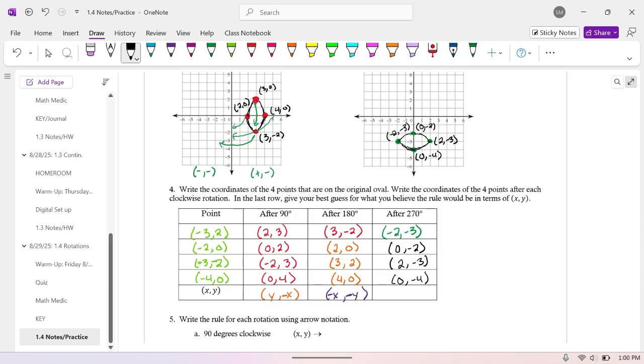So if we looked at the points compared to the original, so in the green, what happened is that the x and y switched, but then the y value became negative.